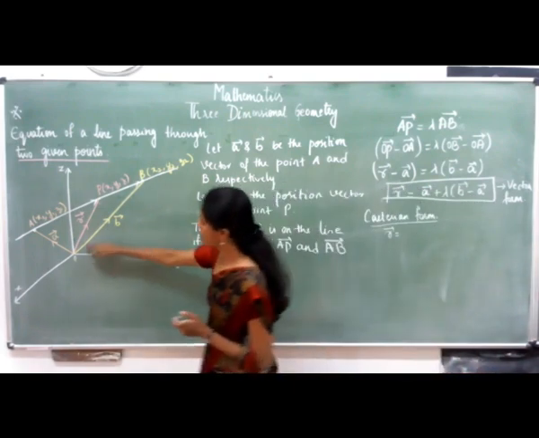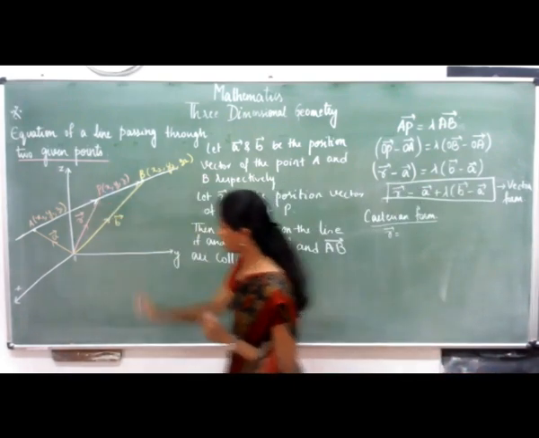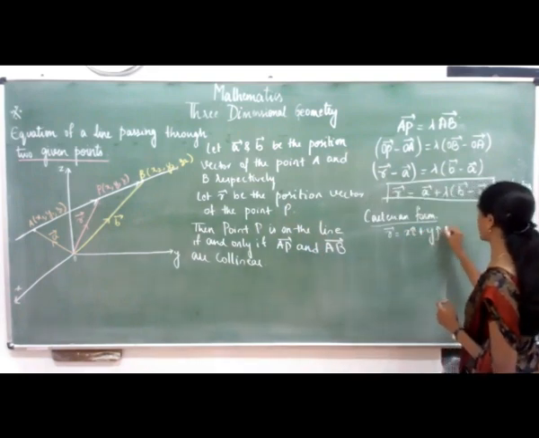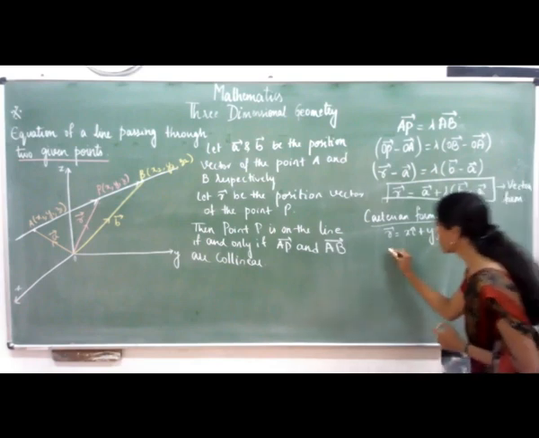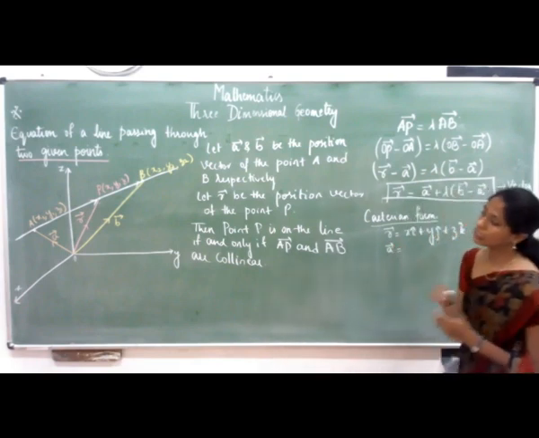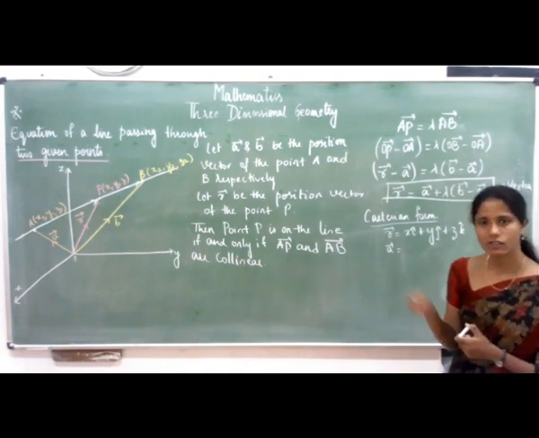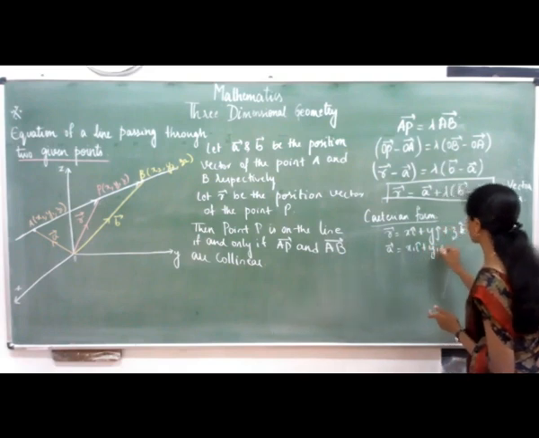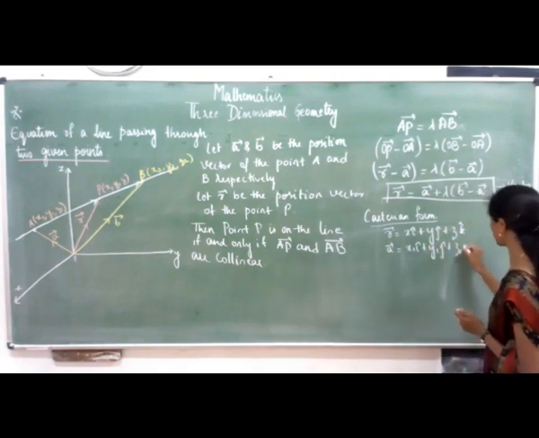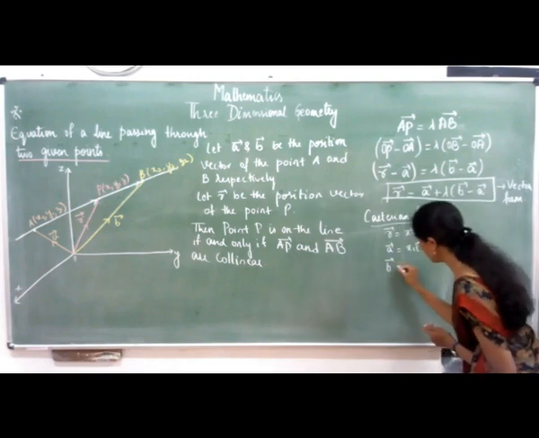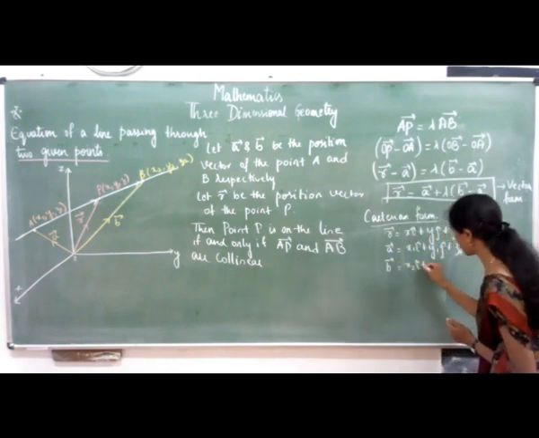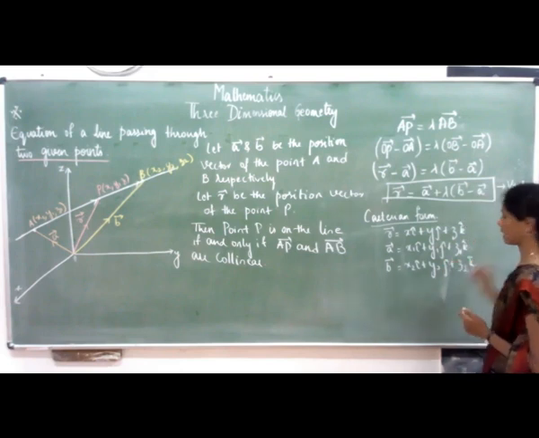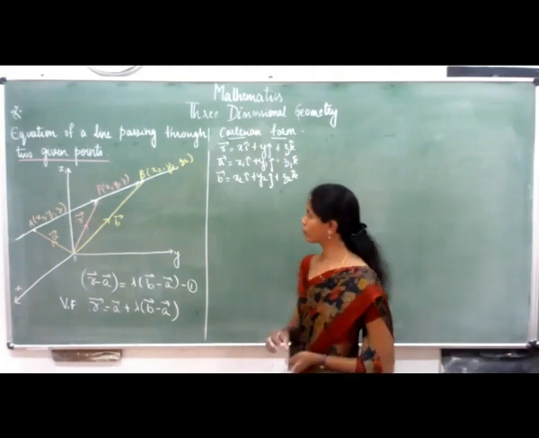Vector R, which is vector OP, can be written as x i cap plus y j cap plus z k cap. The Cartesian coordinates of point A are x1, y1, z1, so vector A can be written as x1 i cap plus y1 j cap plus z1 k cap, and vector B is equal to x2 i cap plus y2 j cap plus z2 k cap. So let us derive the Cartesian form of the equation.